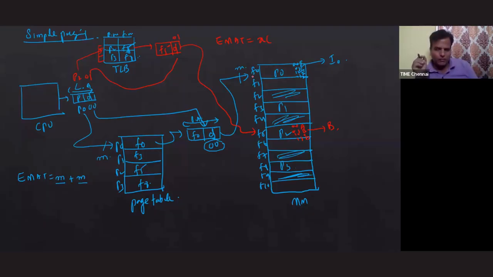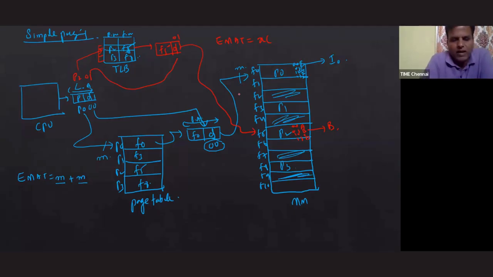Then how do you write the effective memory access time formula with this? Many times students mug up this equation. I say don't mug it up. In this architecture, which is the main component: page table, main memory, TLB, or CPU? The TLB. Because if there is a TLB hit, the upper flow executes, and if there is a TLB miss, the lower flow executes.